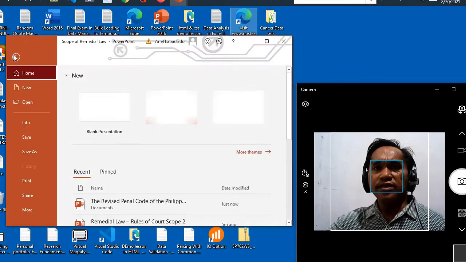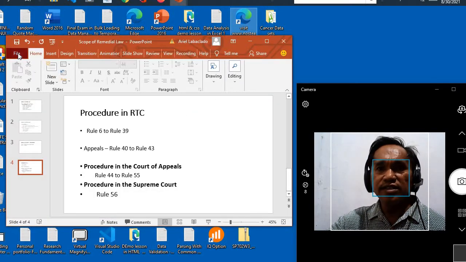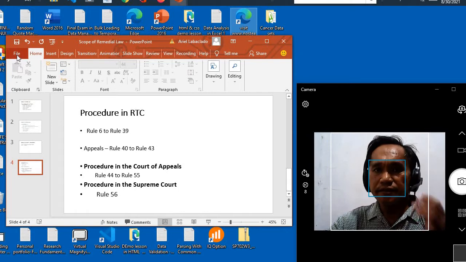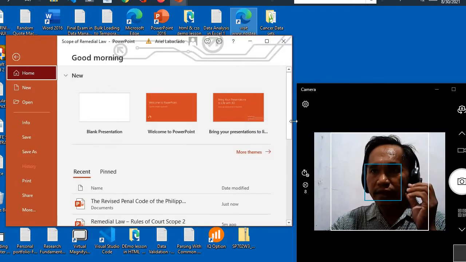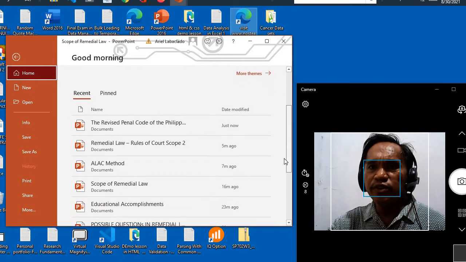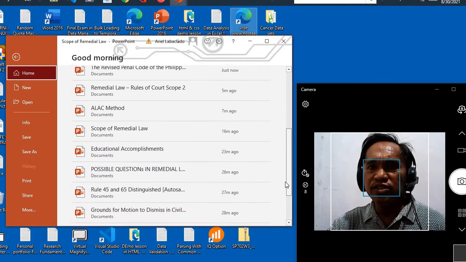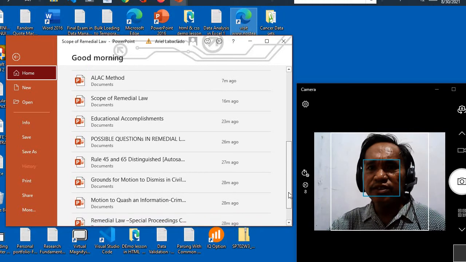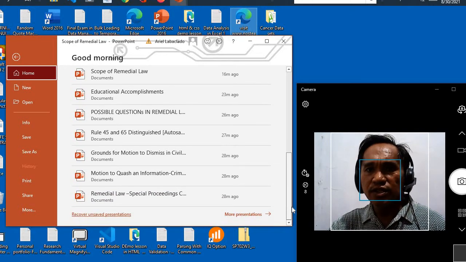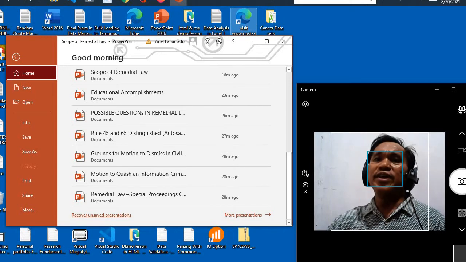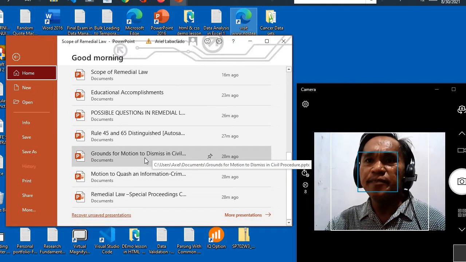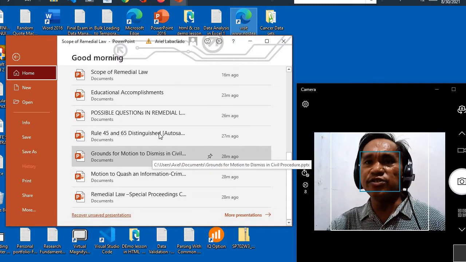Okay, so let us see my files. Remedial law, rules of court, scope, ALAC method, the scope of remedial law. So I have here the grounds for motion to dismiss in civil actions.